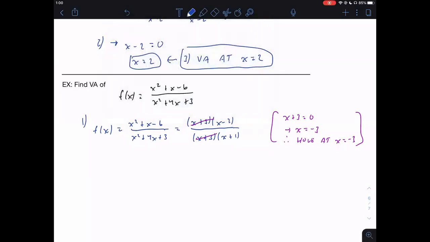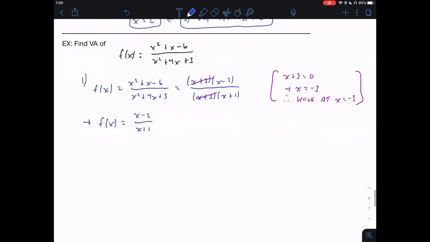Now for the simplified function, we're left with f of x equals x minus 2 over x plus 1. Now that we have simplified this rational, we set the denominator equal to 0. So x plus 1 equals 0. Solving for x gives x equals negative 1.